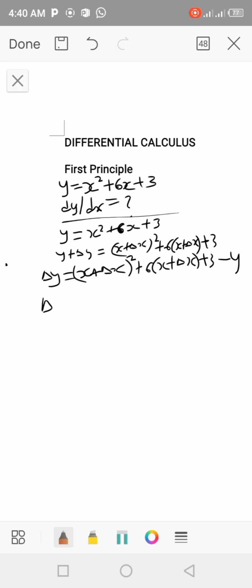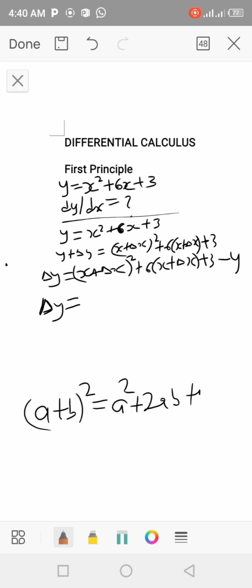Now changing y is equal to, so we are going to open these brackets, which is going to be square of a sum, that is a squared plus 2ab plus b squared. So for x plus changing x, that's going to be x squared plus 2x changing x plus changing x squared.